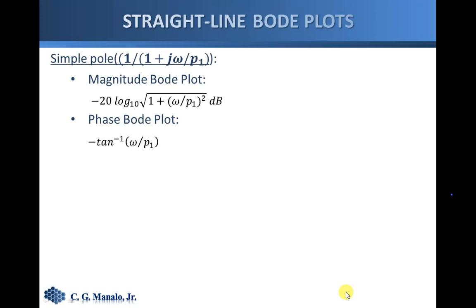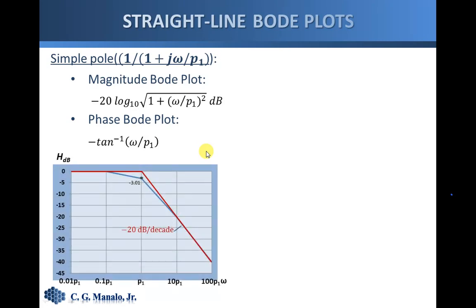Now for the simple pole, again we get the magnitude and the phase angles, and then plot it. So we have the blue line here as the exact plot, but we approximate it again with a straight line Bode plot that is 0 at omega equals p sub 1, but makes a slope of negative 20 dB per decade after that.